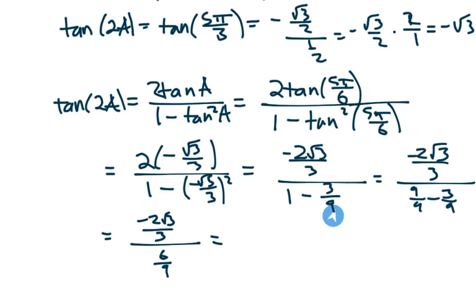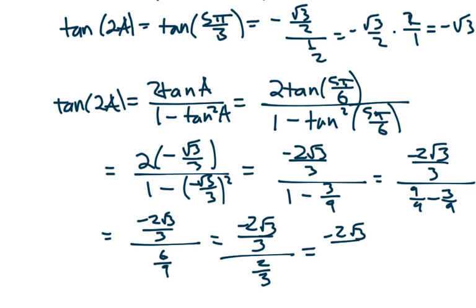And the answer is yes. You reduce it at some point. Right now is a good time to reduce it. 6 over 9, 2 over 3. Now, this is equal to the numerator times the reciprocal of the denominator. The 2's cancel, the 3's cancel, and this is negative radical 3.